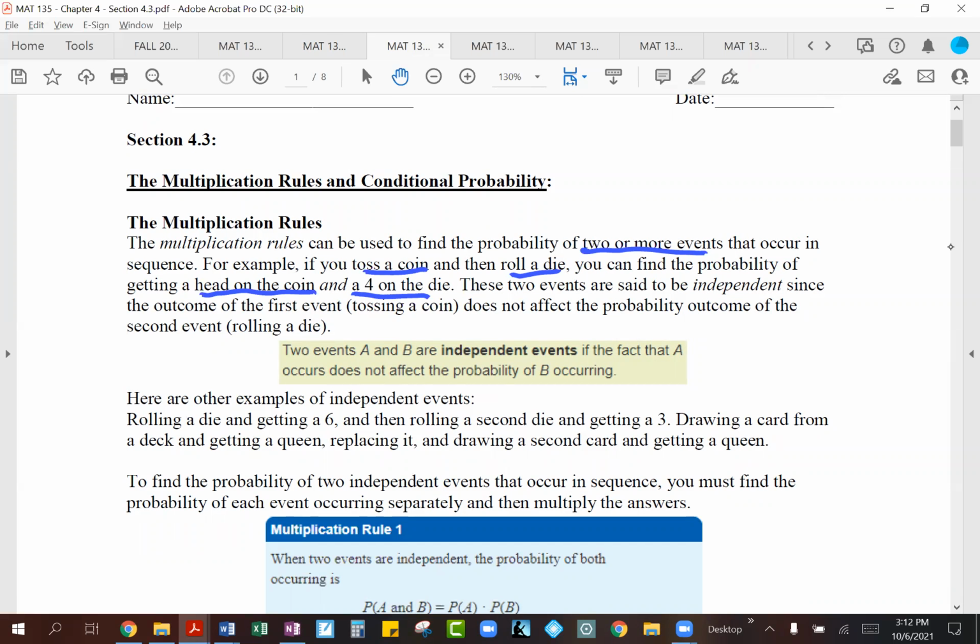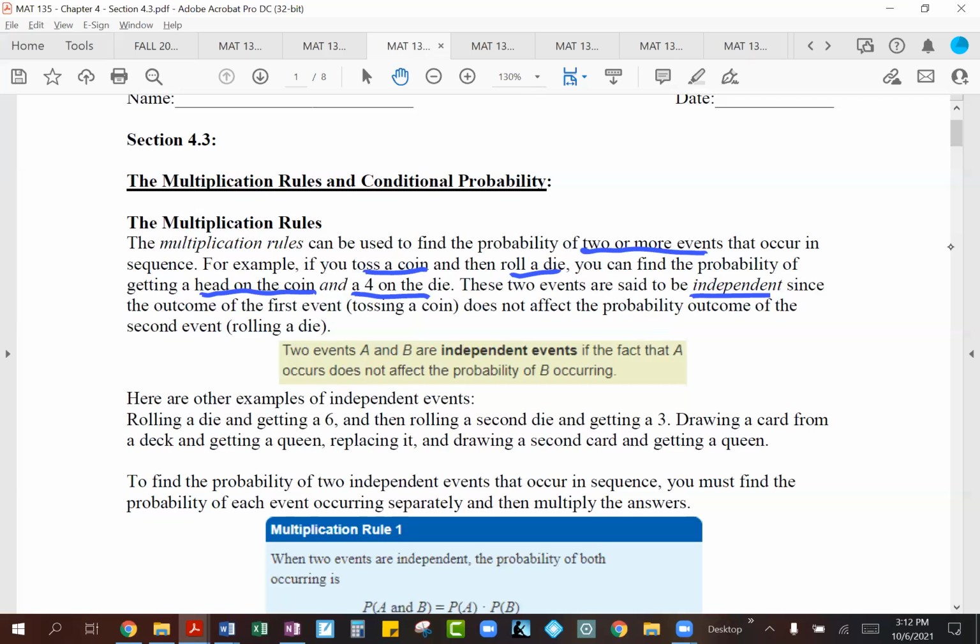So basically, in this case, we have to think about whether the 2 events are independent, or does one event affect the other one? If you think about this, tossing a coin is really not going to make a difference on how you roll a die. So in this case, the one event is not going to affect the other one. And so we say, yes, they are independent events.